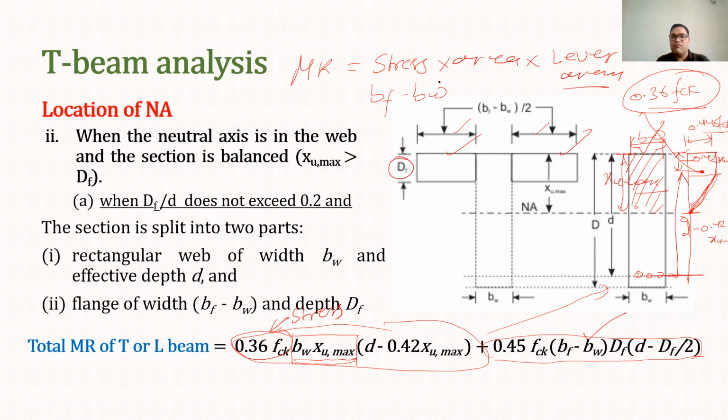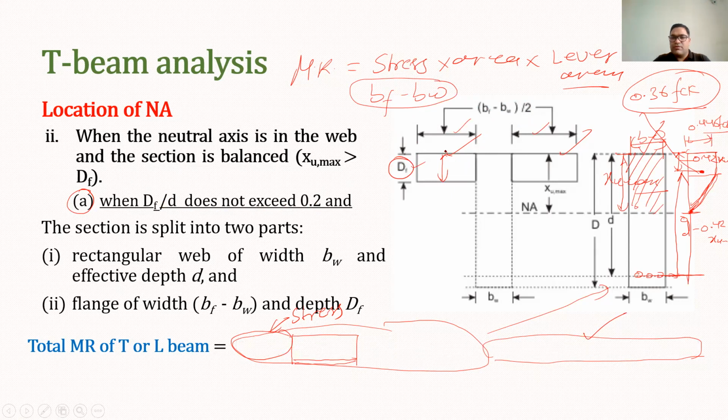Adding that, we get the total width as BF minus BW and depth as DF. And the stress in this flange, as we have seen in this case, is when the DF by D ratio does not exceed 0.2. In that scenario, I will show you that diagram again.